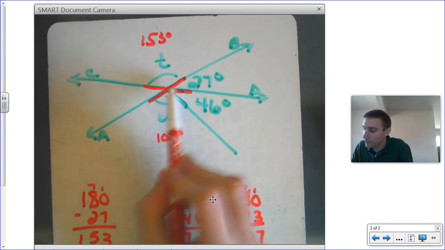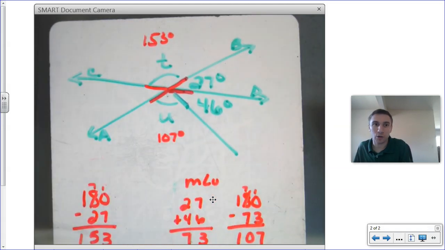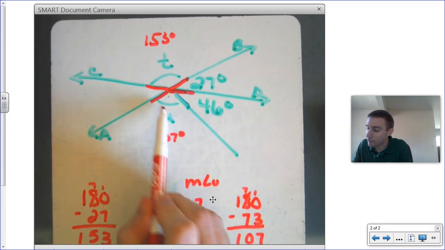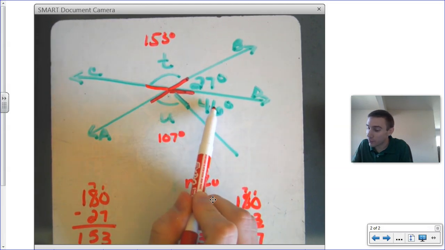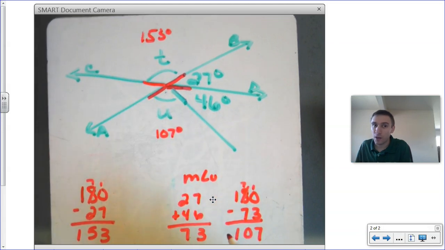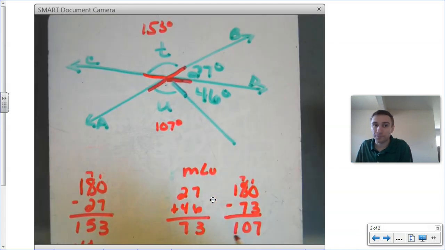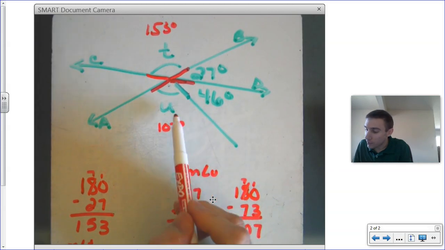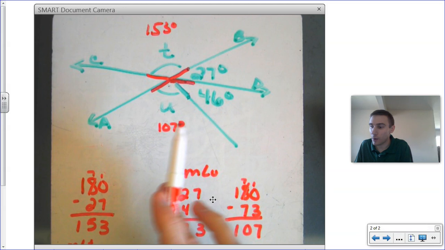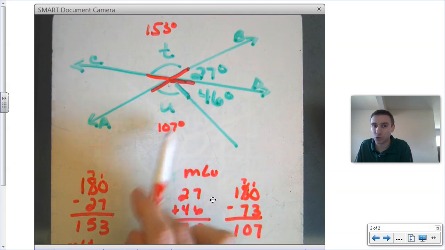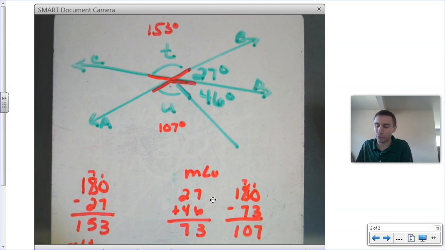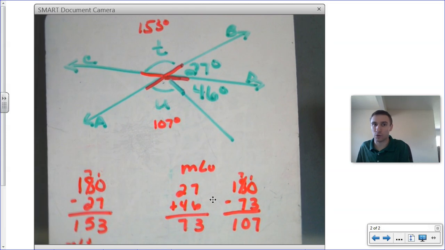So here I have a vertical angle, and we know that it's 153 degrees. And here I have angle U plus 46 equals that same vertical angle, 153. So if I use the vertical angle and I realize that U plus 46 is 153, well, if I take away the 46 here, I should end up with 107. So I'm going to use vertical angles to check my math work to make sure that this is correct.